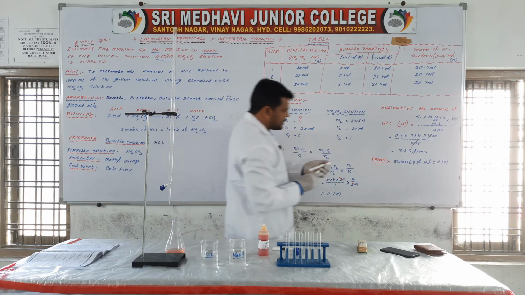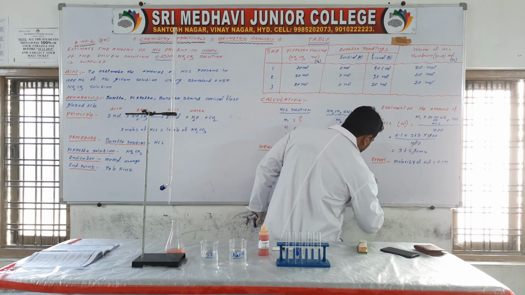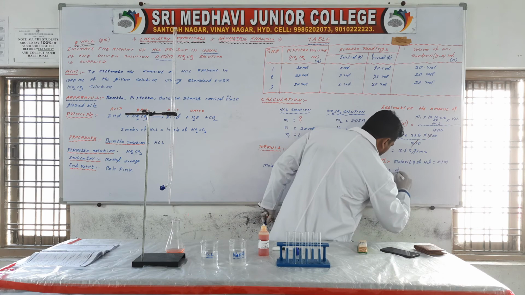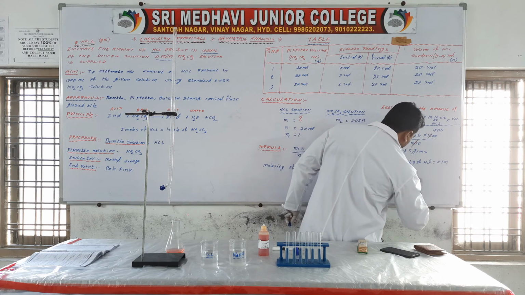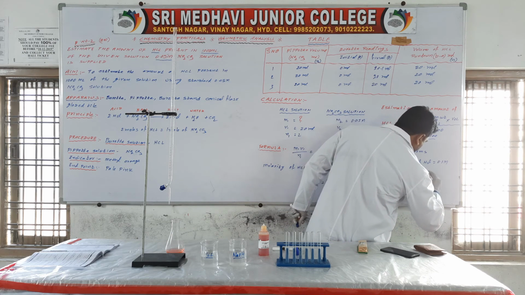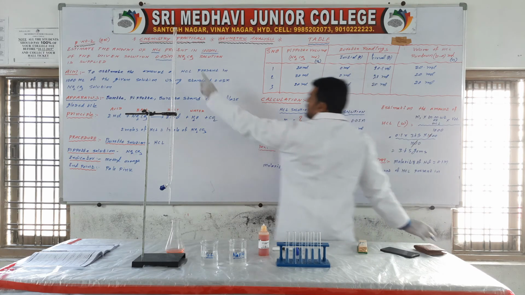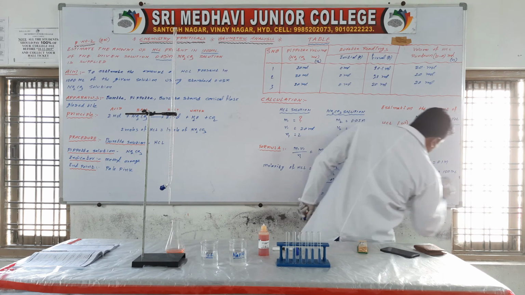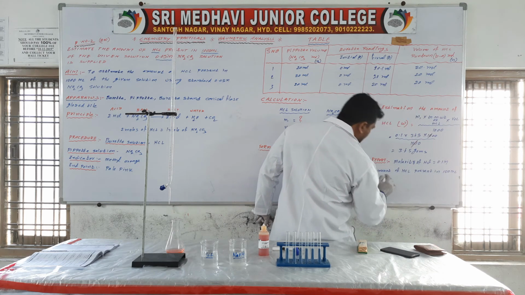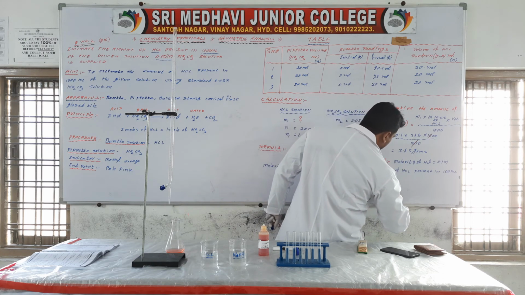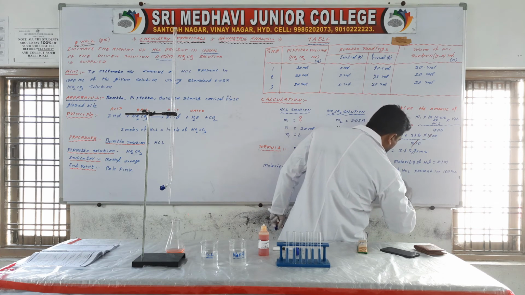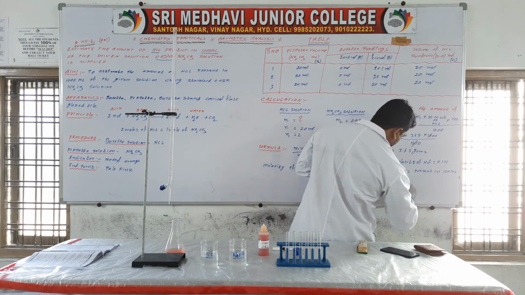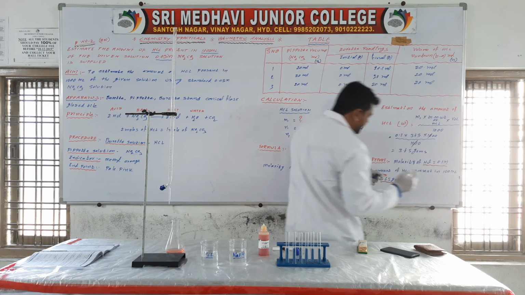The amount of HCl present in 1000 ml, the weight is 3.65 grams. So this is the weight and this is the molarity.